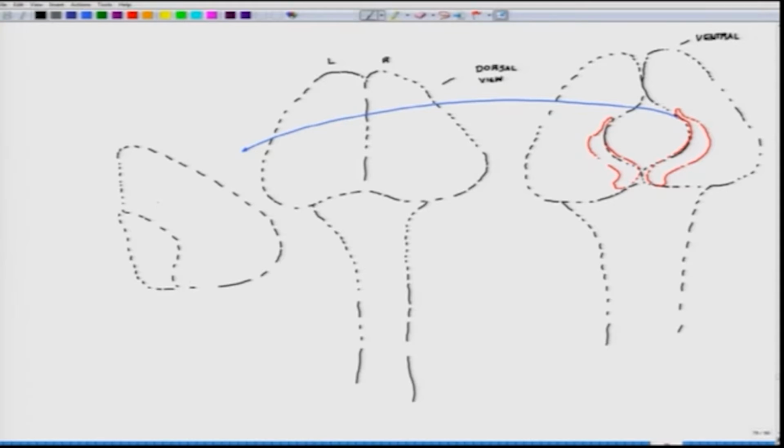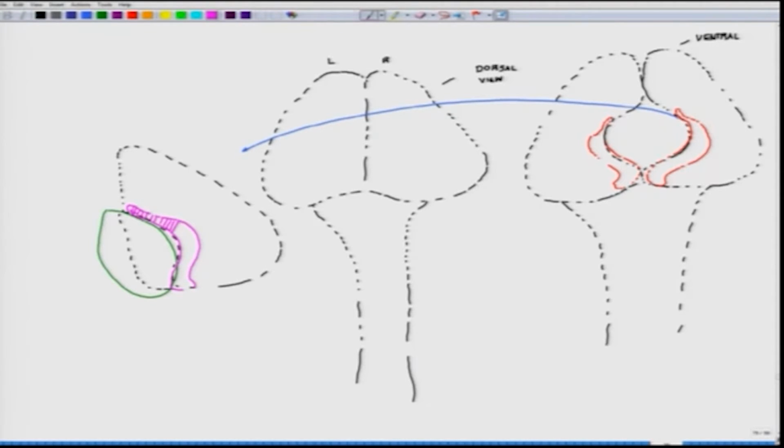Now, if you could scoop out this part of the tissue, and then the lower part, this is where this particular system will be sitting.